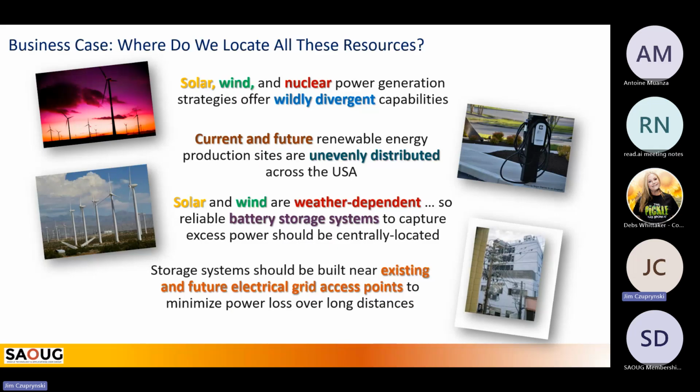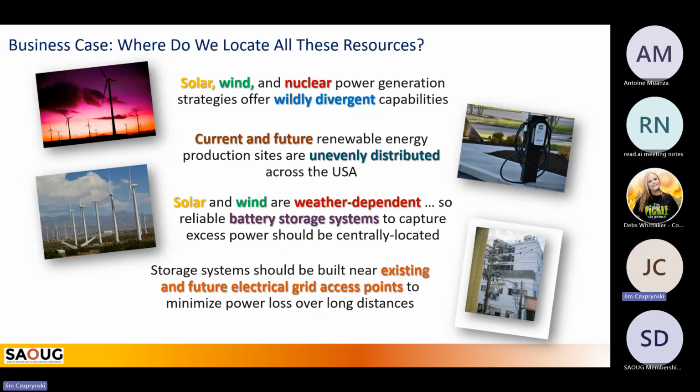However, renewable energy production sites are very unevenly distributed. Our Great Plains, great for wind, excellent for wind. So are our two shorelines. But if you're not there, or you're not in a real sunny place, you're not necessarily going to have that kind of access. So what we really need is to build reliable battery storage systems and locate them closest to those resources.